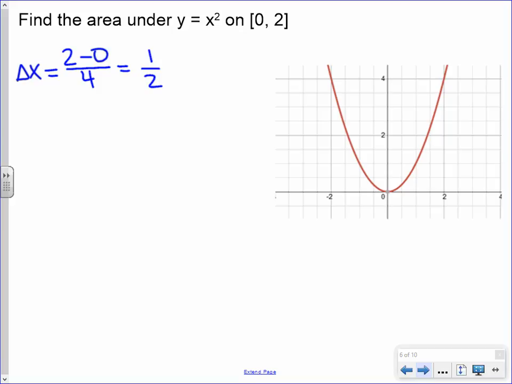Now we are going to break this up into 4 rectangles with width of 1/2, but now we are going to take the middle height for our rectangle. So we're going to take the middle.